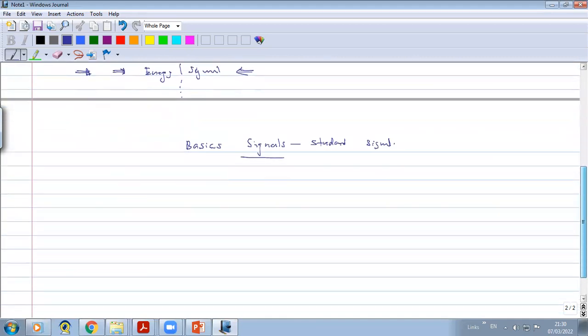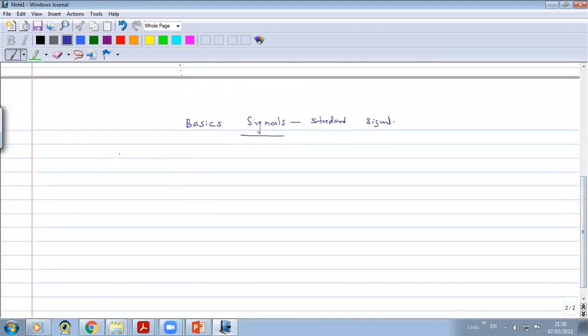Under basic signals, we often come across what is called the sinusoidal signal, and also the complex exponential signal. So today we will see what a sinusoidal signal is.